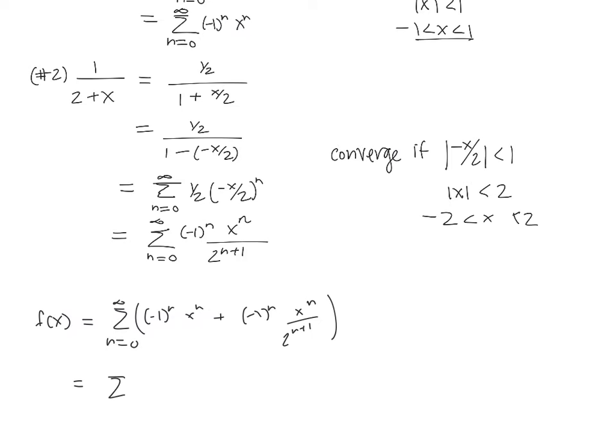So that's the sum from n equals 0 to infinity, negative 1 to the n, x to the n, multiplied by the quantity 1 plus 1 over 2 to the n plus 1.